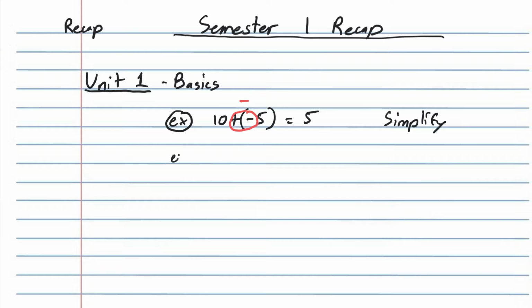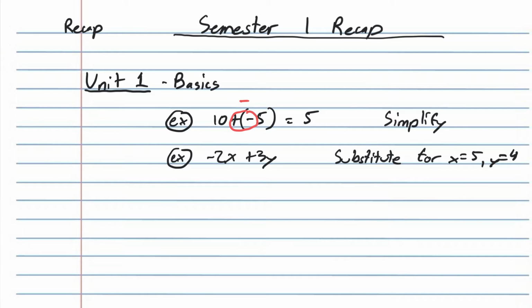We also did questions that were a substitution question. I'll give you something like negative 2x plus 3y, and then the directions say substitute, and they tell you what x and y are. So substitute for x equals 5 and y equals 4, just as an example.